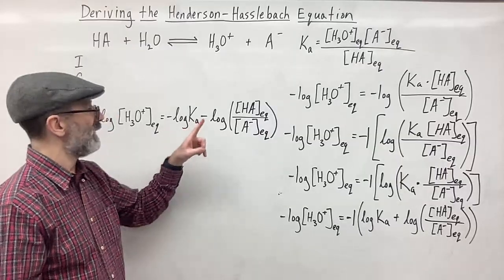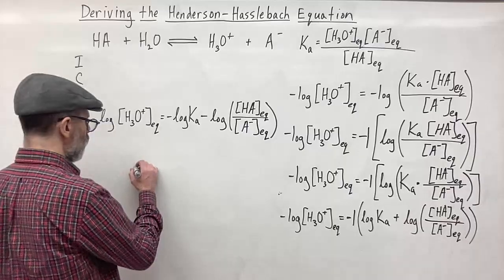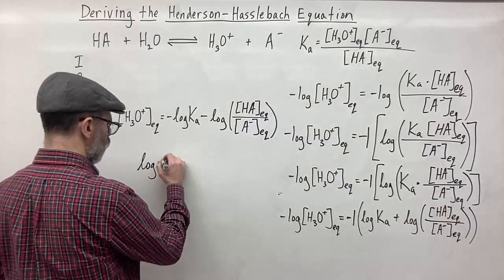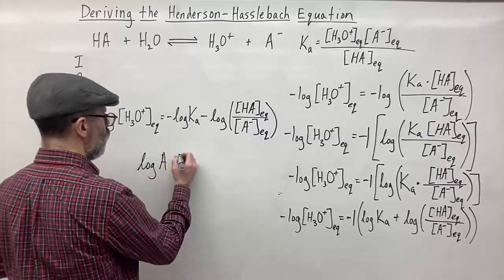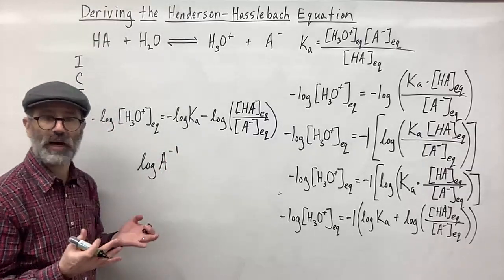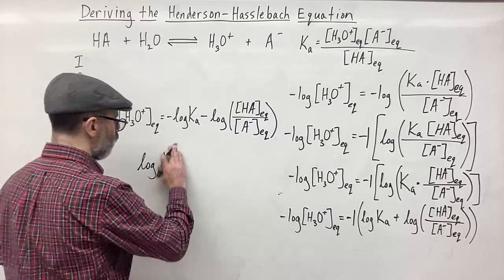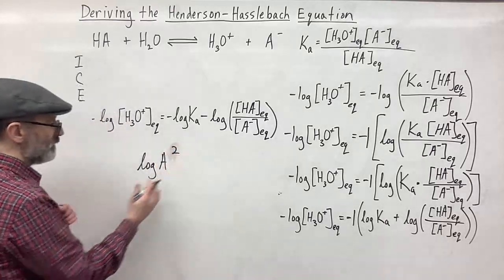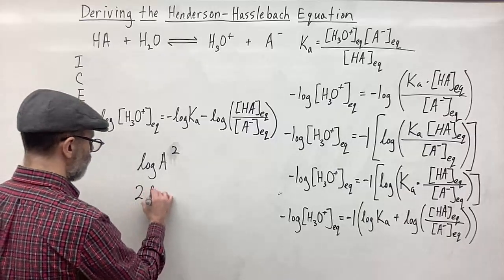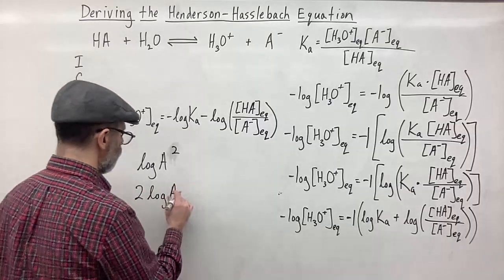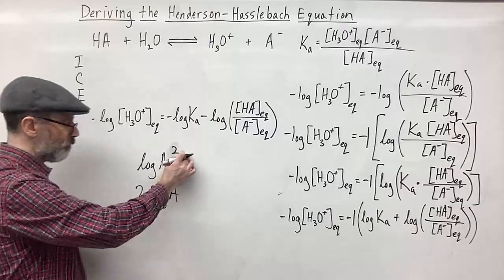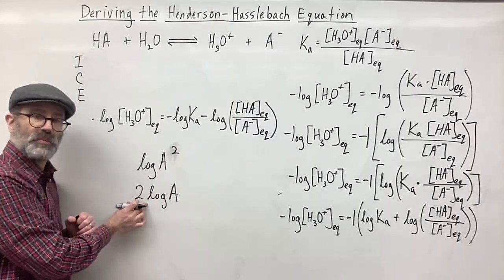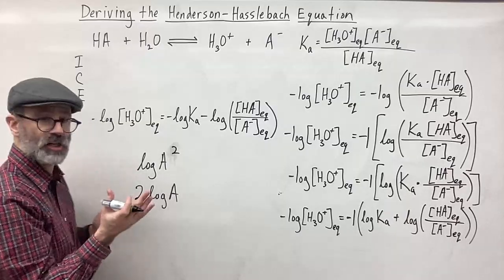If you have the log of A to the -1 power, or whatever power, say the 2 power, that's the same as 2 times the log of A. So you can move the power from a superscript to a coefficient being multiplied. That's one of the laws of logs.